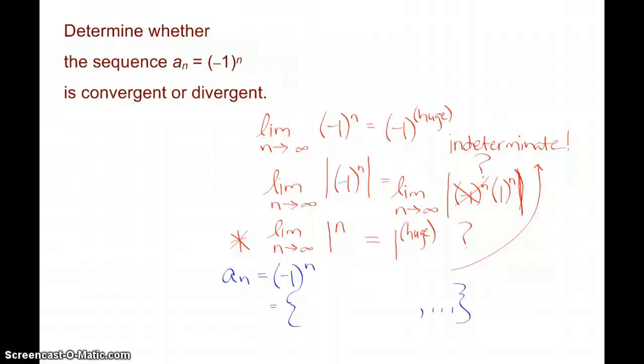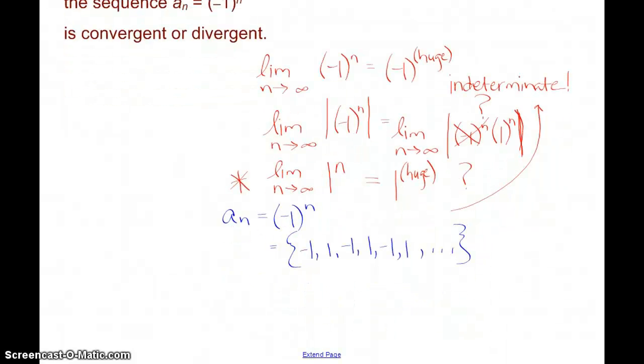When n is 1, that's -1 to the 1, that's -1. When n is 2, that's -1 squared, that's +1. When n equals 3, -1 cubed is -1. When n equals 4, +1. And look what's happening here.